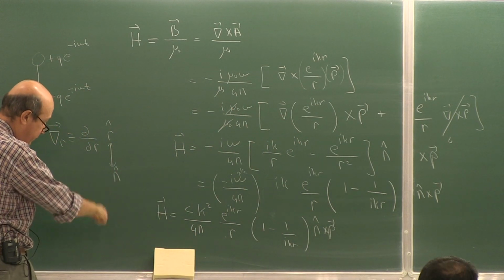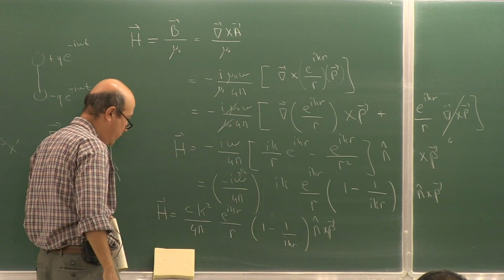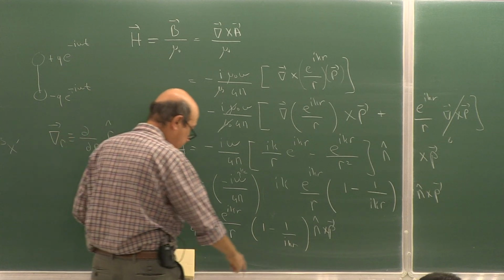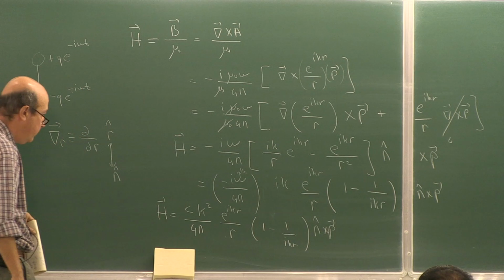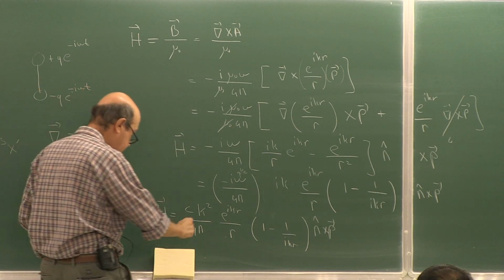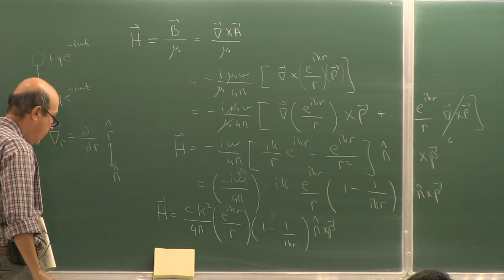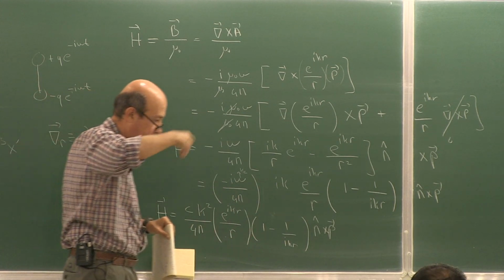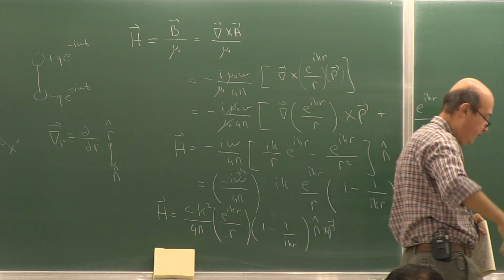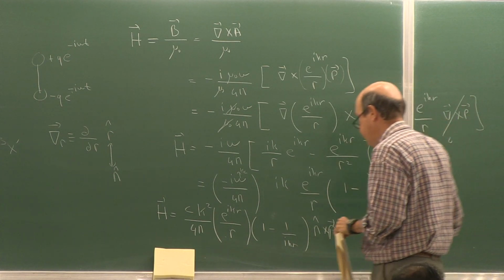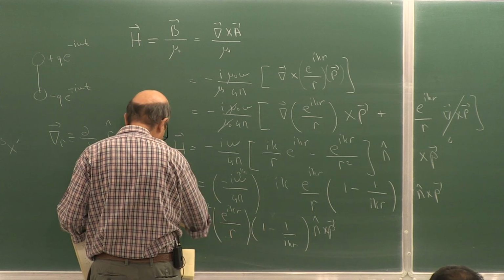So basically the H field goes with a 1 over r term and a 1 over r square term. At the far field, this 1 over r square term goes to 0 much faster, and it has the form of a spherical wave, e to the ikr over r. That means that as the distance goes on, the amplitude of H decreases as 1 over r. So this spherical wave is very important.